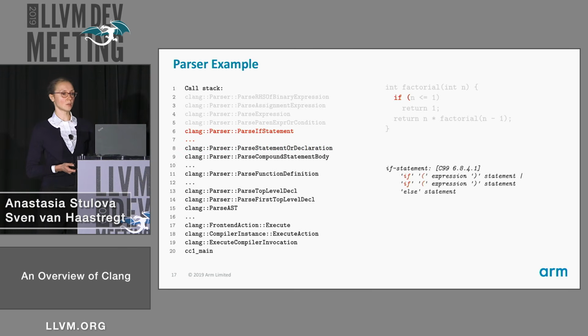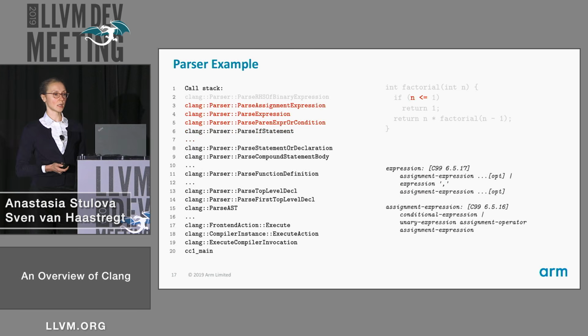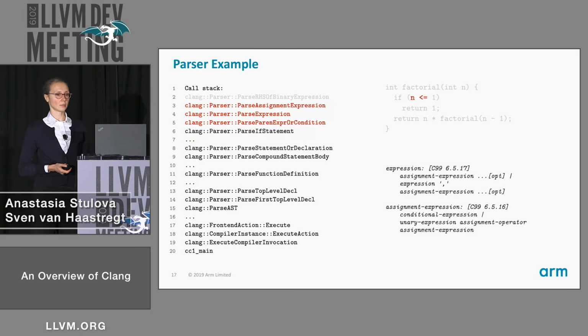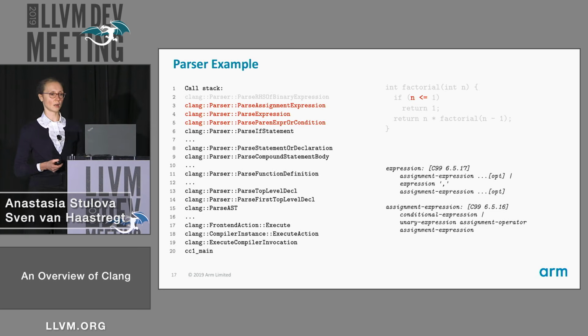The first statement we have is an if statement. Then we have to parse the expression in the condition of the if statement. There are so many expressions in the C spec that it's complicated and convoluted how the rules are defined. But the idea is we start from the top level, a generic expression, represented as a comma-separated list of assignment expressions, and then you recurse further down.